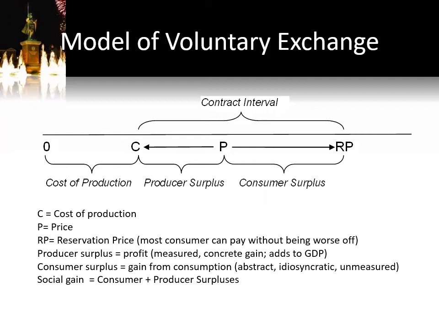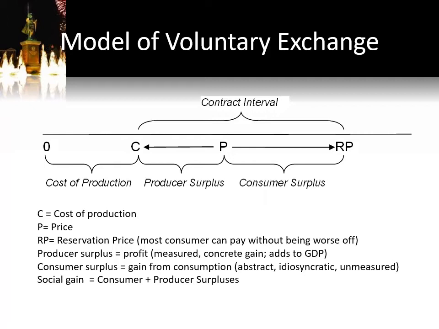That is to say, the money you're giving up for the TV is, to you, the consumer, equal to the value of what you're getting. So it's a wash to you. That's why you're indifferent between having the money or giving it up.